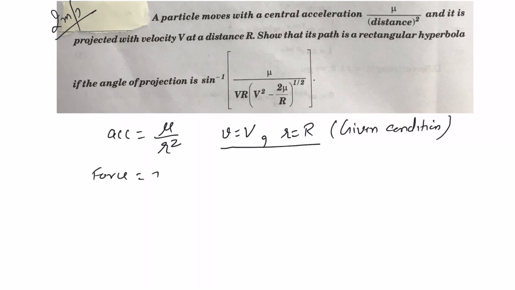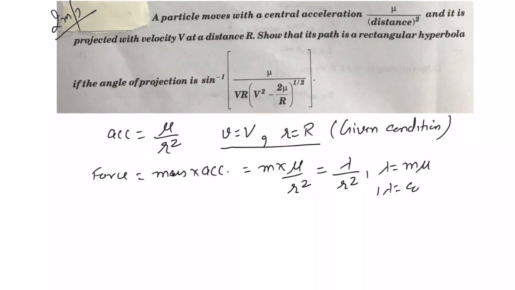Okay, so we know that force is equal to mass into acceleration. So mass into mu by r square. Mass is a constant quantity and mu is a constant, so that may be assumed as a new constant. Lambda is equal to m mu, where lambda is a new constant.